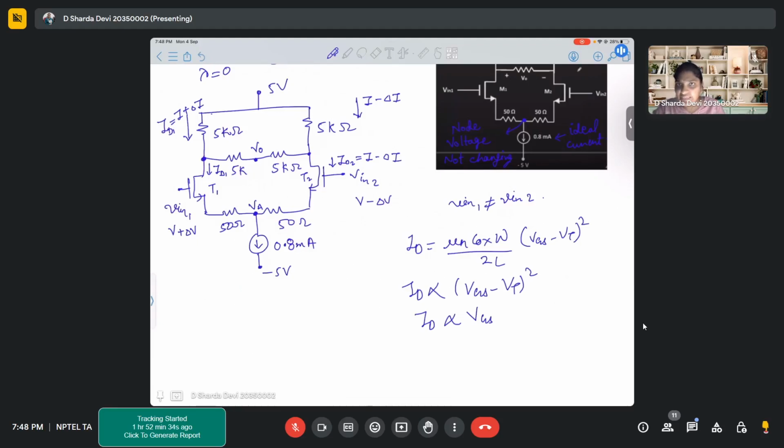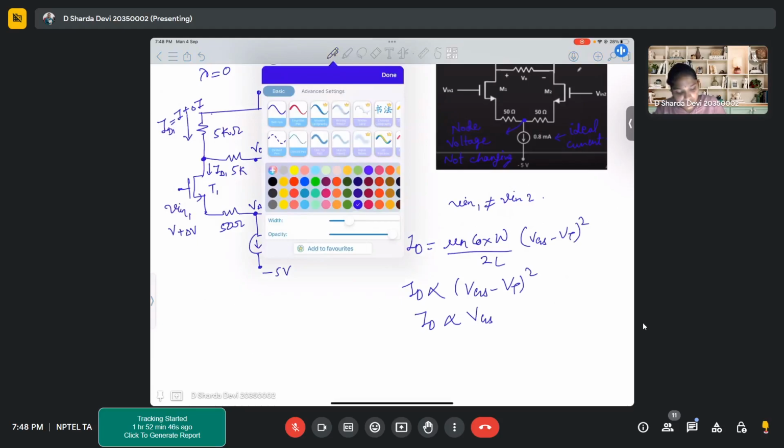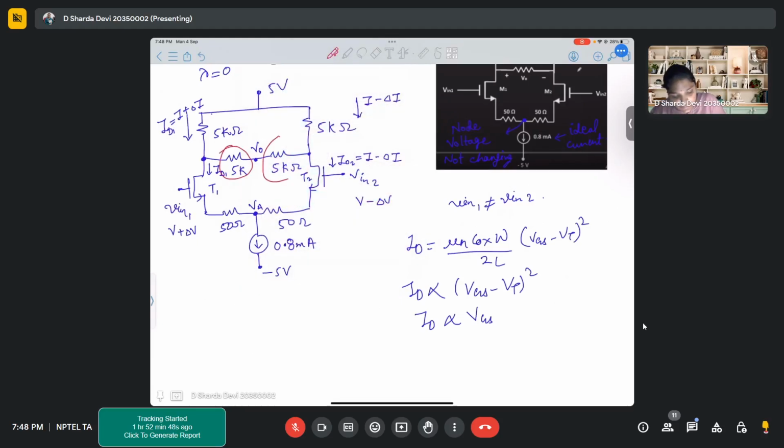That means one single current can flow through both of these resistors. This is clear to all of us, right? I'm talking about these 5 kilo ohm resistors. These two are in series. A single current can flow through them.